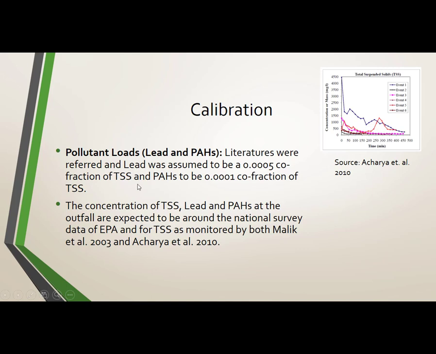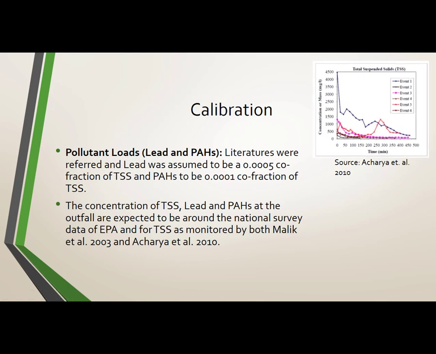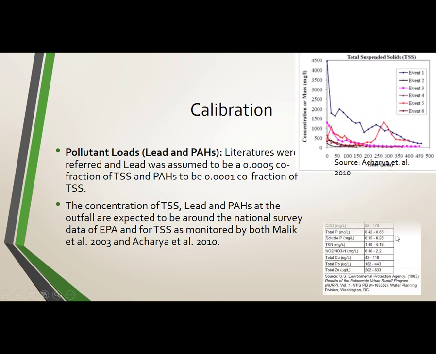of TSS, which is in terms of per liter, and PAHs is lesser than that, which is 0.001 co-fraction of the TSS. The concentrations of TSS, lead and PAHs at the outfall are expected to be around the national survey data of EPA, which is the table that we can see on the right side.